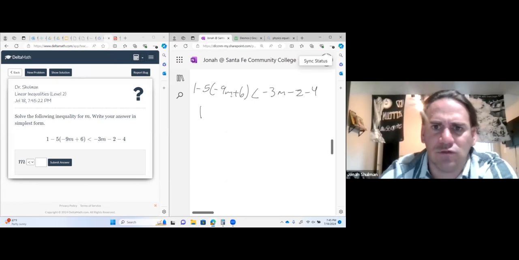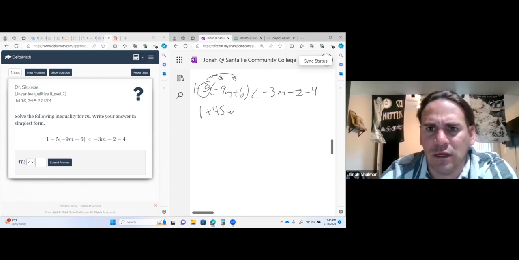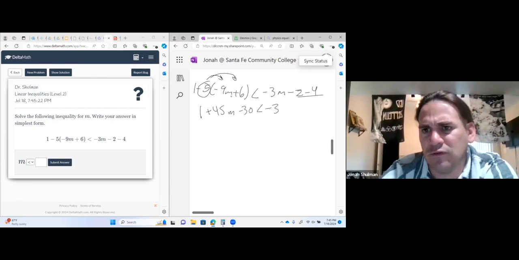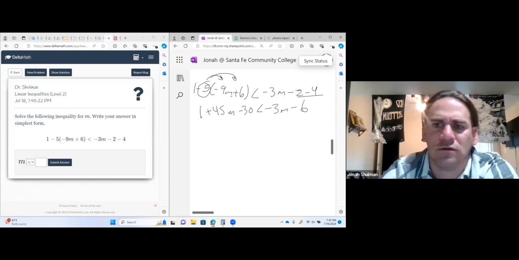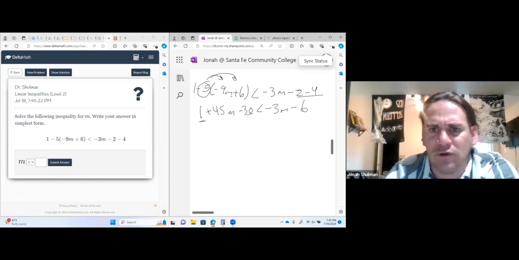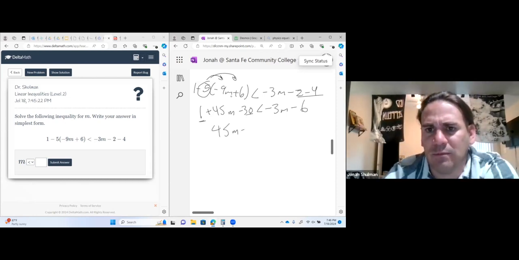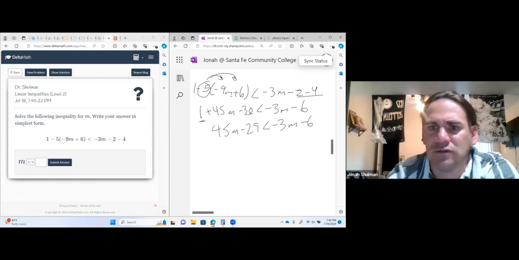So the first thing I'm going to do, remember this whole minus has to come with it. So it's going to be a positive 45m, and it's a negative 30. We can put these together, negative 3m minus 6. 1 and a negative 30, so I have 45m minus 29 is less than negative 3m minus 6.